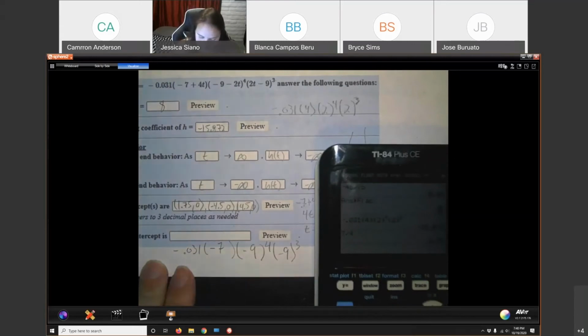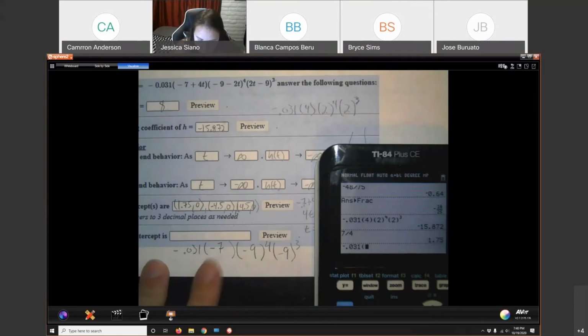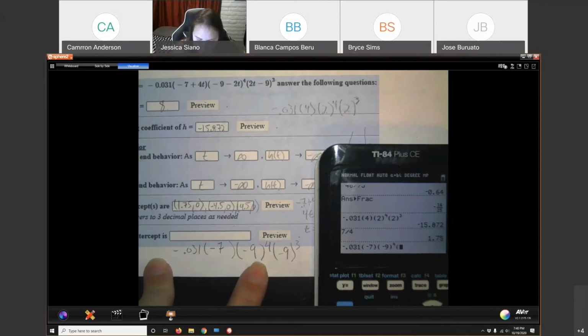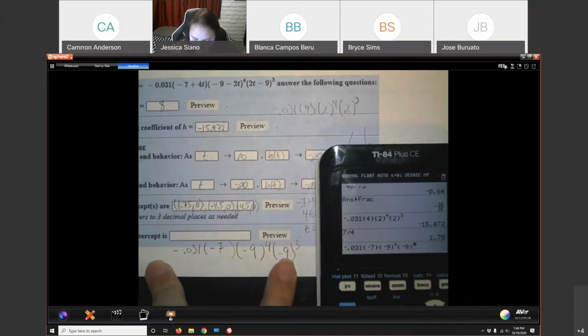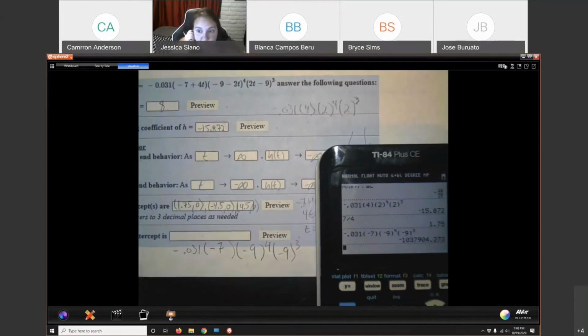So that's -0.031, -7, -9 to the 4th, -9 to the 3rd. So 1,037,904.273.